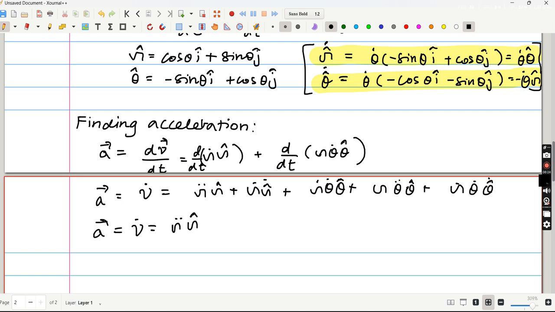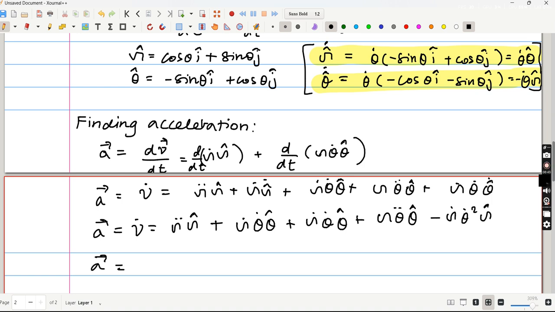So we are going to group. Again, we can substitute theta cap dot as minus theta dot r cap.